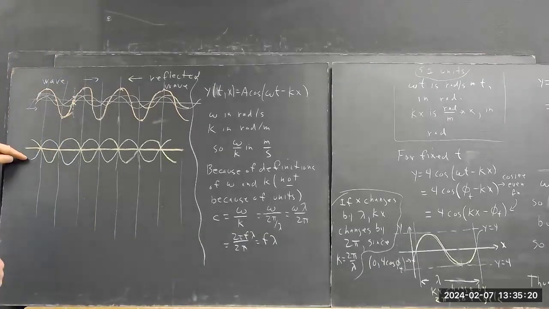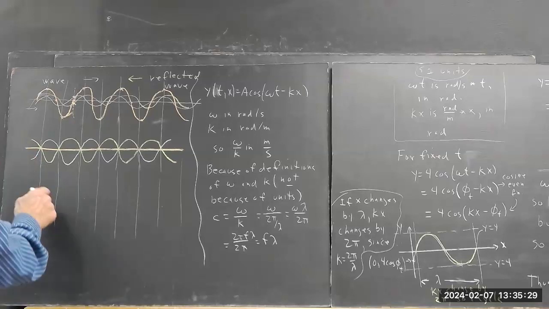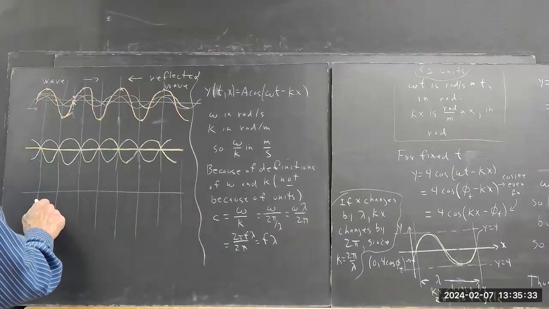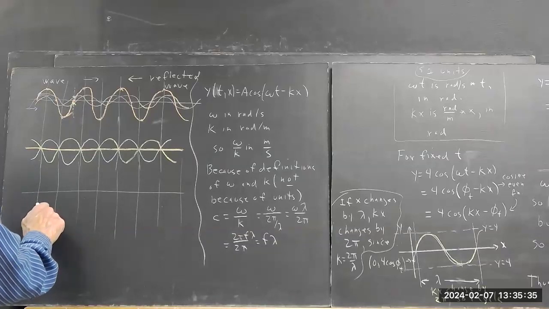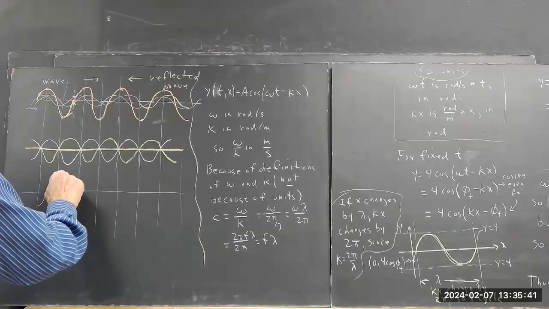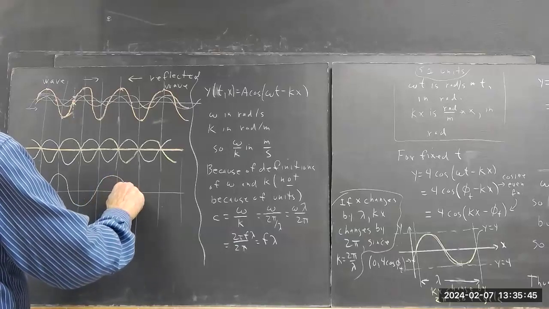Well, in another quarter wavelength, this will be here, and this will be here. So in another quarter of a wavelength, the white graph is going to look like this.